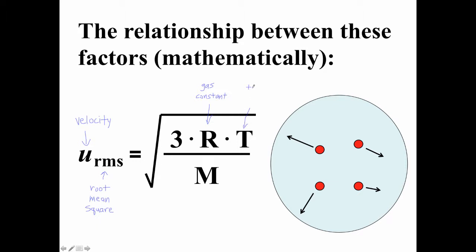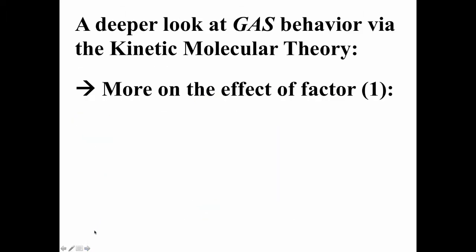T is temperature, which, as you might suspect, must be in Kelvin, and M is the molar mass of the gas particles that we are dealing with. And soon we will use this equation in calculations, but next let's talk about the relationship on a molecular level just a little bit more.